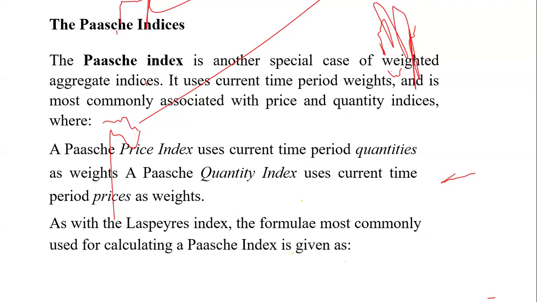So this is also going like the other one. Price index uses period quantities. Quantity index uses period prices as weights. Now, as with the Laspeyres index, the formula most commonly used for calculating a Paasche index is given below.